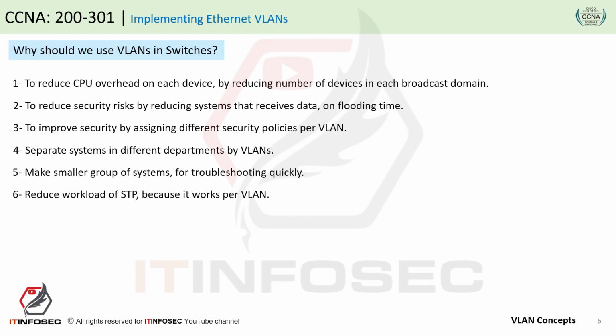But defining and running the STP causes switches to send traffic between them, and when you create VLANs, because STP is per VLAN, you will have a reduced workload for each VLAN for each STP protocol.